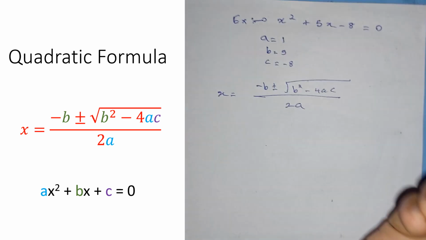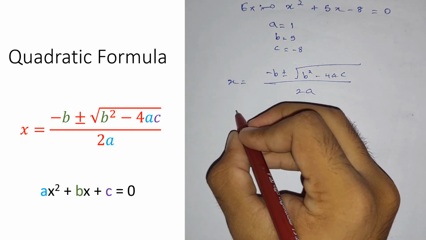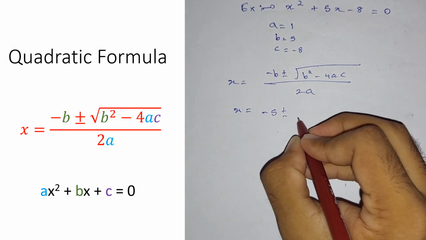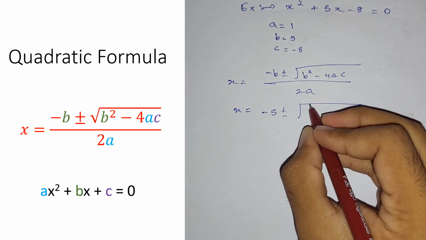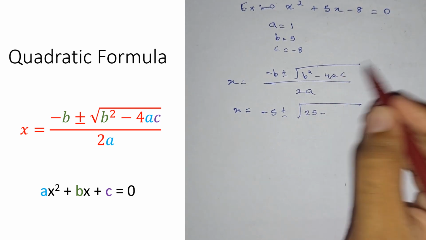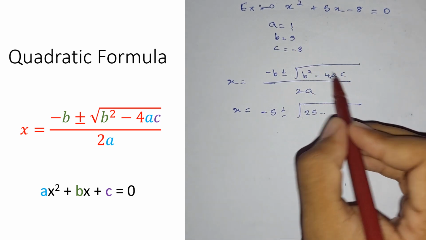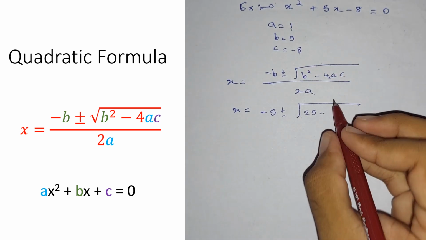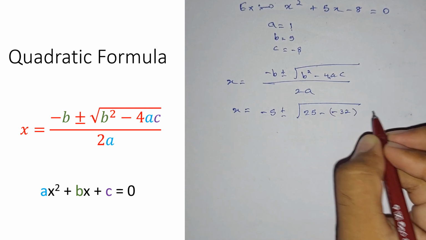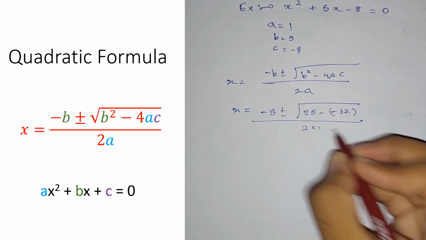We put in the values: minus 5 plus or minus square root of 5 squared, which is 25, minus 4ac. 4 times 1 is 4, then 4 times c, minus 8, is minus 32, over 2 into 1.